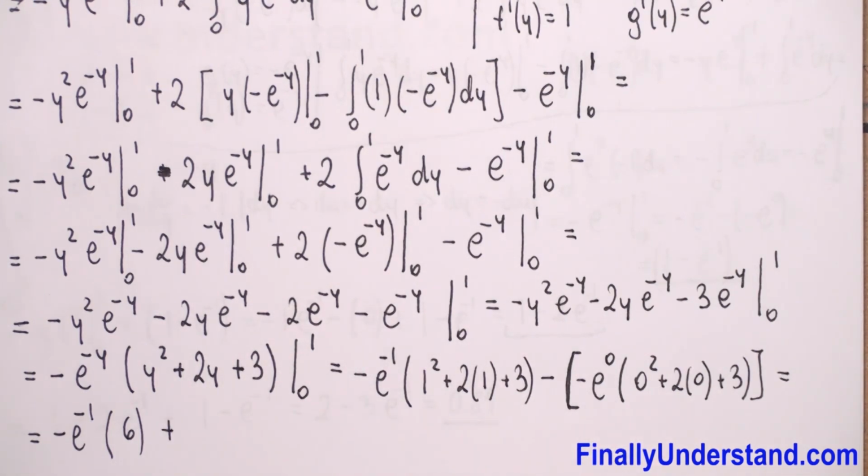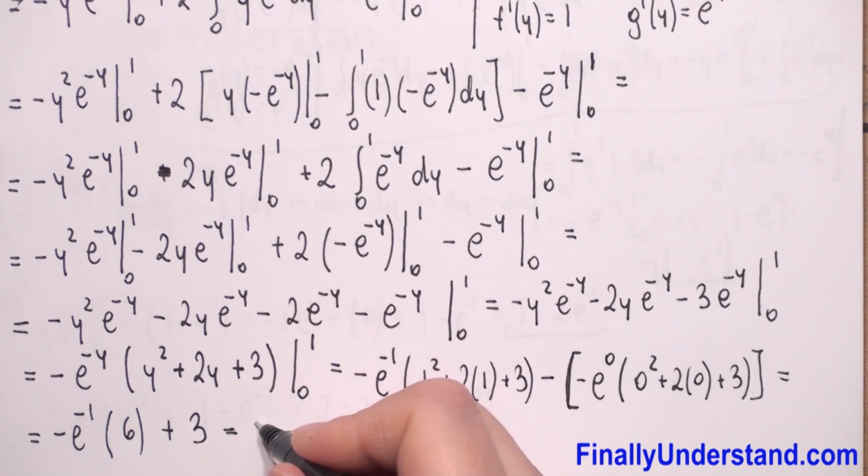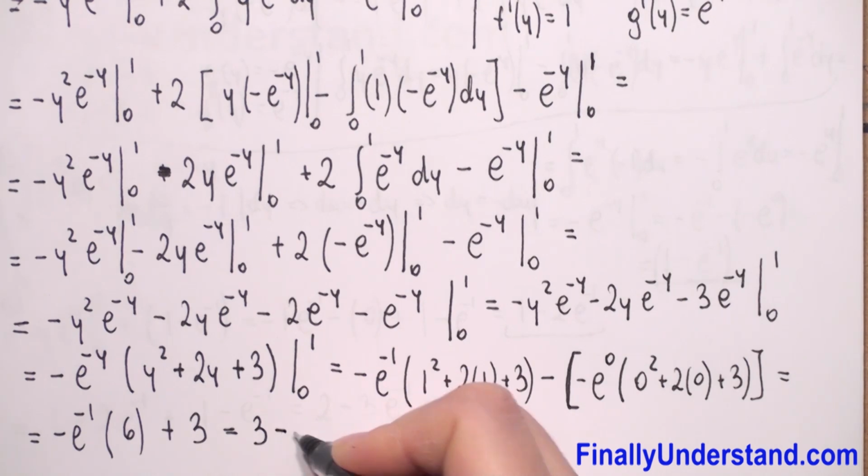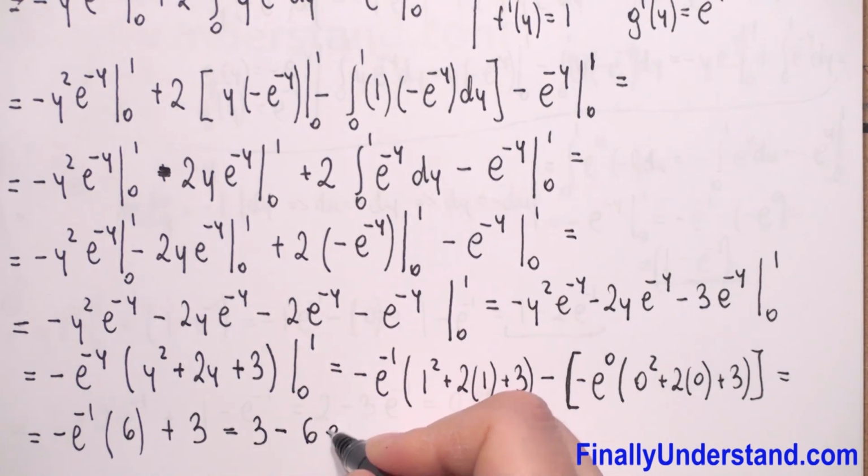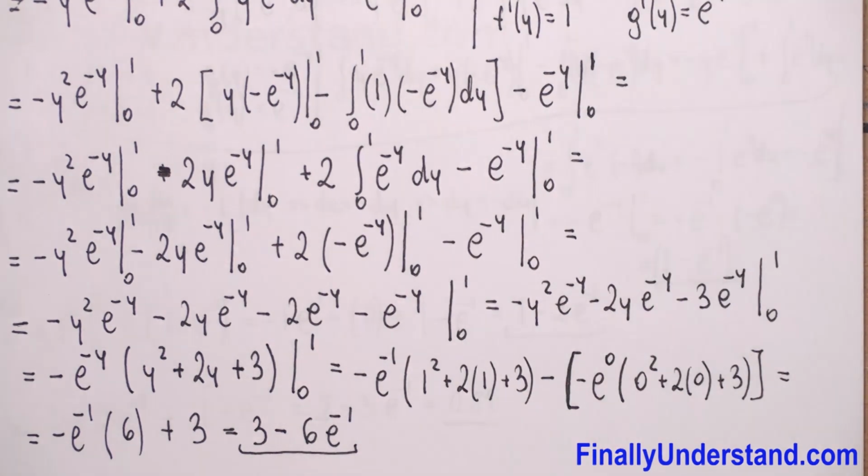E to 0 is 1, we don't have to write 1, times 3 is 3. So this is equal, we can rewrite this, and first I will put the positive number 3 minus 6 e to power negative 1. So this is my solution.